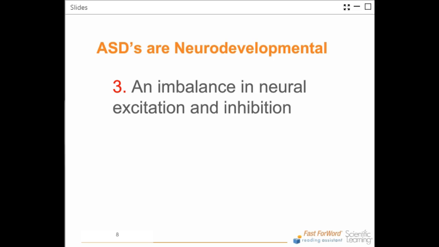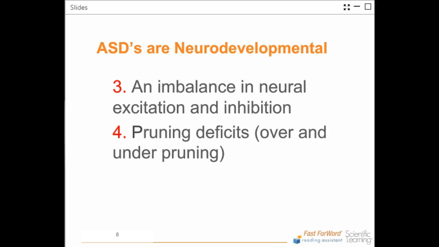So one of the main things we want to do with a child on the autism spectrum is establish a homeostasis, so that the brain is responding to appropriate stimuli and the child is able to ignore stimuli that isn't relevant to learning or to behavior in general. And that's important because it means therapy needs to be repetitive and consistent. And we'll talk about that.